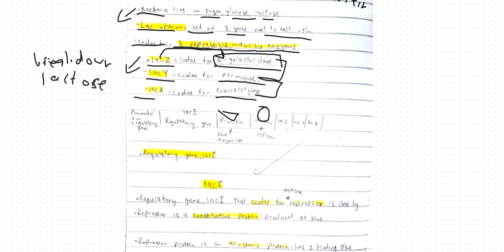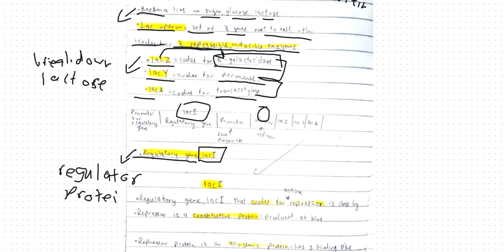With the lac operon, there is a regulatory gene called LAC-I. This LAC-I regulatory gene codes for a regulatory protein, a repressor protein that is close by. The repressor is a constitutive protein.